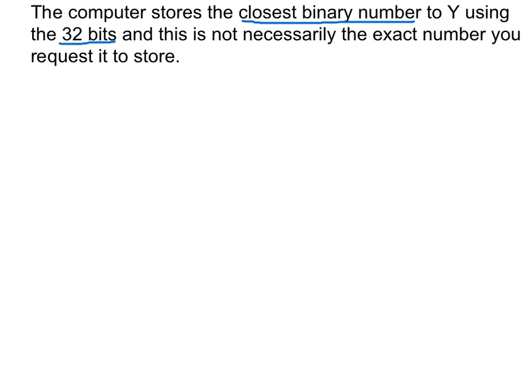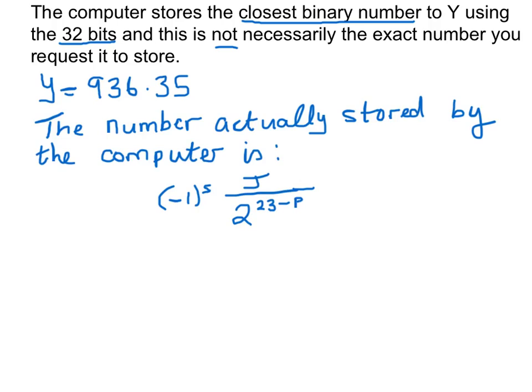Unfortunately, this is not necessarily the exact number you requested to store. In fact, for our case, when y is equal to 936.35, the number that is actually stored by the computer is given by this formula here.